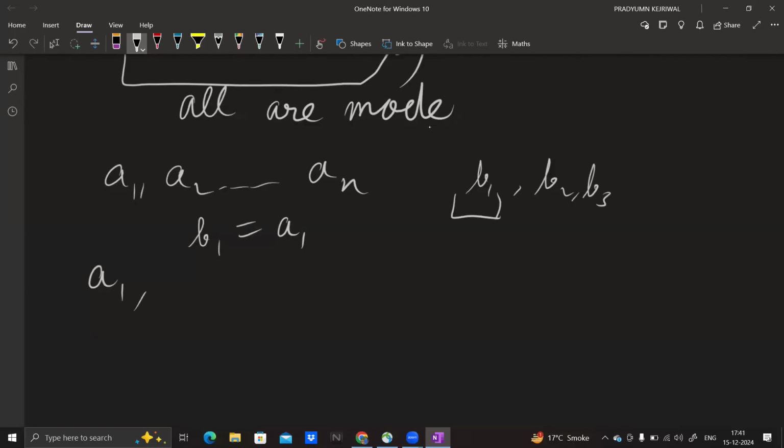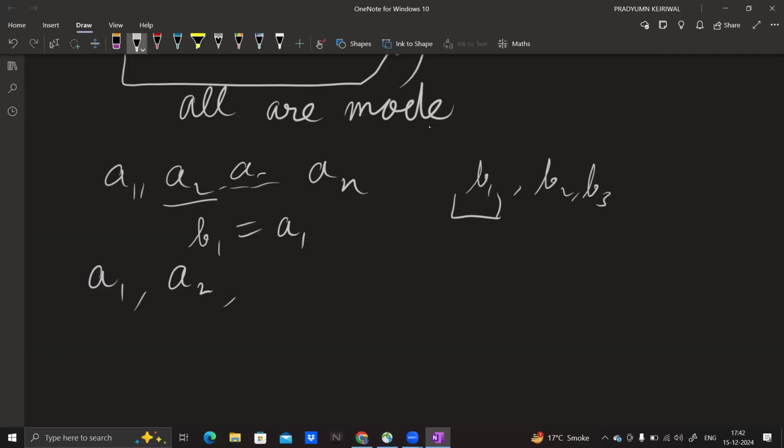Then we have A2. Now let's say that A2 is not equal to A1. Definitely we would have to have A2 here, because otherwise for any other number, the mode wouldn't be that. So A1, comma, A2.